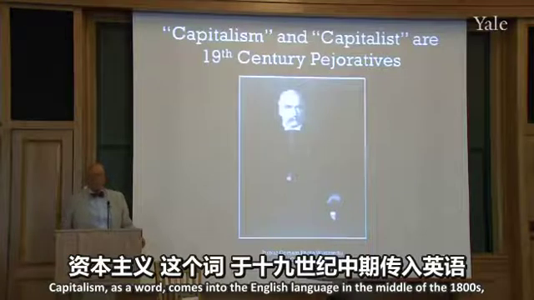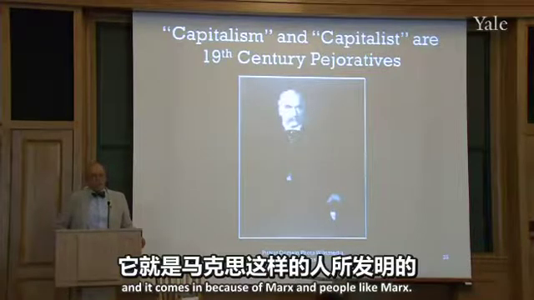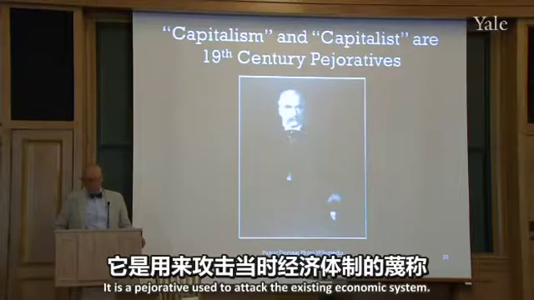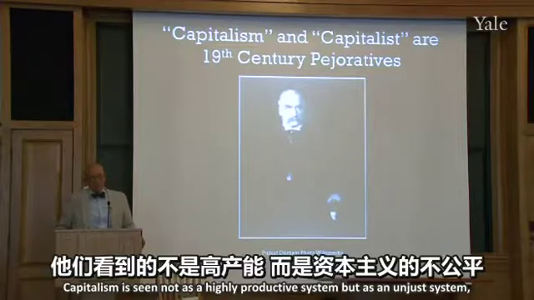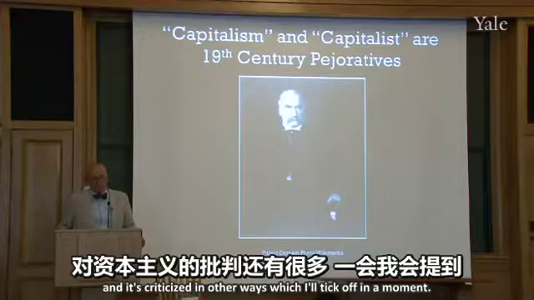Capitalism, as a word, comes into the English language in the middle of the 1800s. And it comes in because of Marx and people like Marx. It is a pejorative used to attack the existing economic system. Capitalism is seen not as a highly productive system, but as an unjust system. And is criticized in other ways, which I'll tick off in a moment.